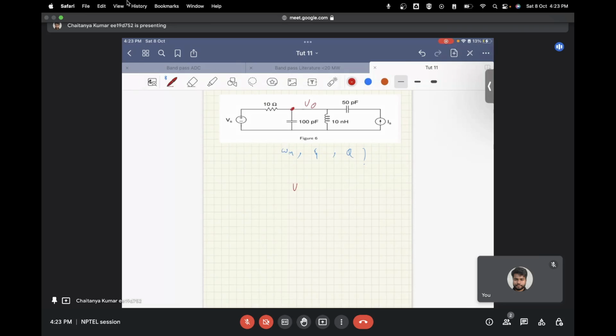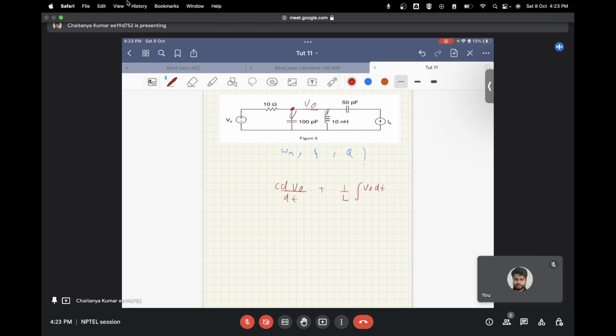So the current that is flowing in the capacitor is C dV naught by dt. Plus, the V naught is given, and the current through the inductor for a voltage V naught is 1 by L times the integration of V naught dt.